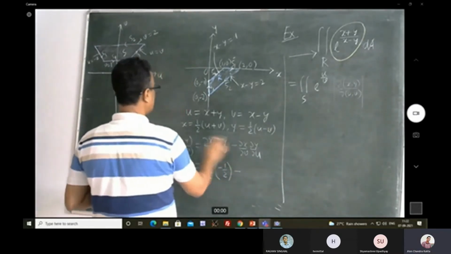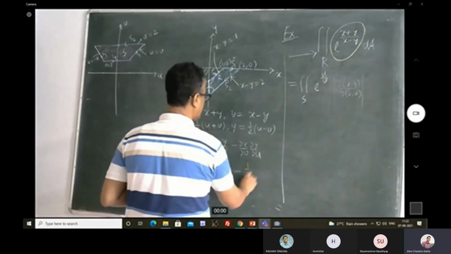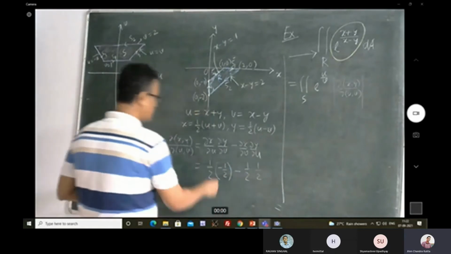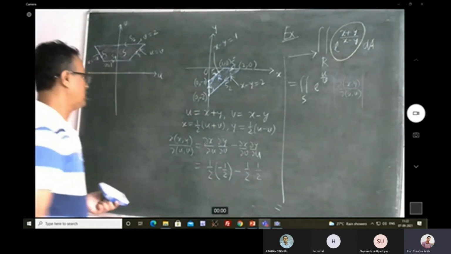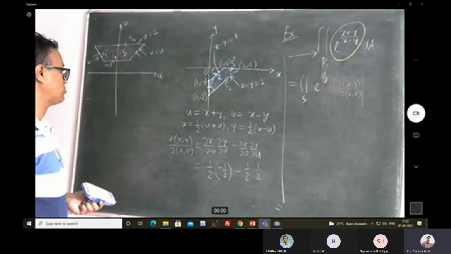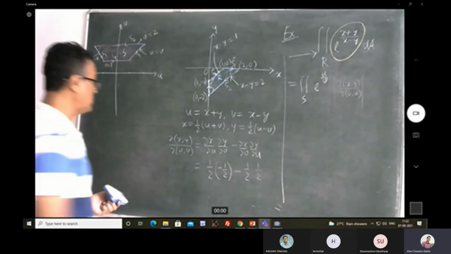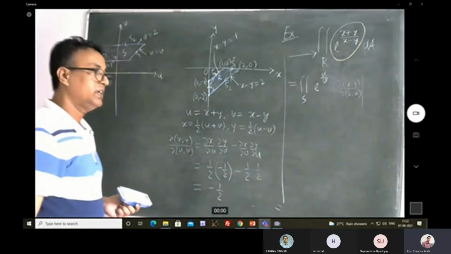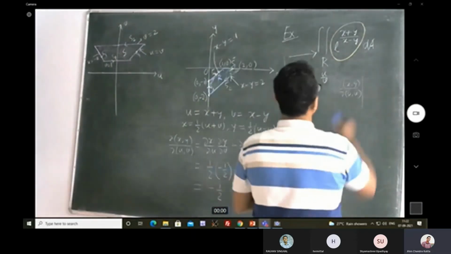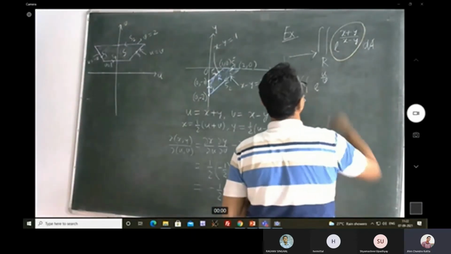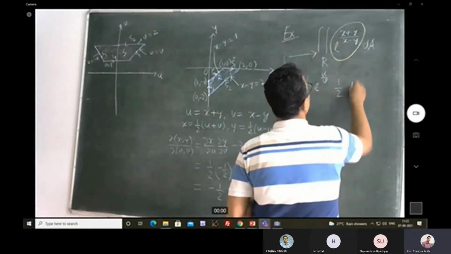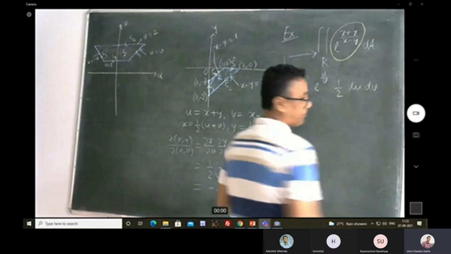And then del x del v is half, del y del u is half. So this is going to be minus 1 by 4 minus 1 by 4. That means minus 2 by 4, so that is minus half, right? Okay. And if you take its mod, this is simply half, and then du dv.